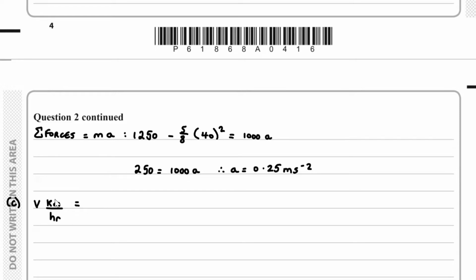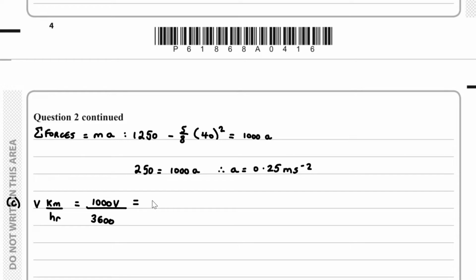and to convert this to meters per second, of course we need to multiply by 1000 and then divide by 3600. So we've got v times by 1000, that's 1000 v, and then we divide this by 3600.